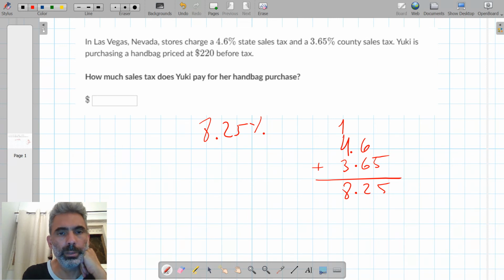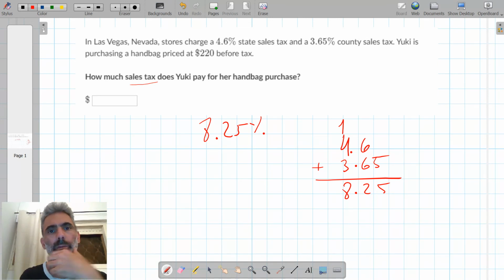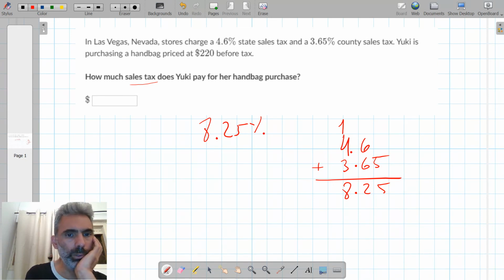So this sales tax, she needs to pay 0.0825 times 220.